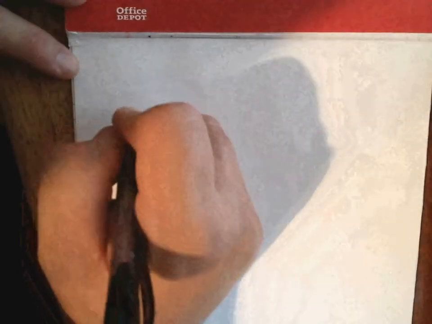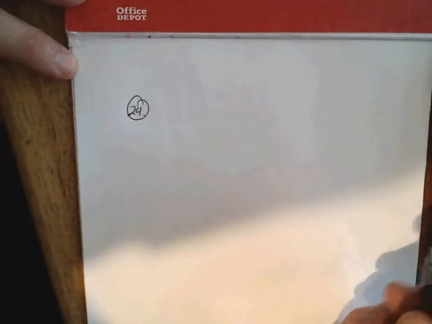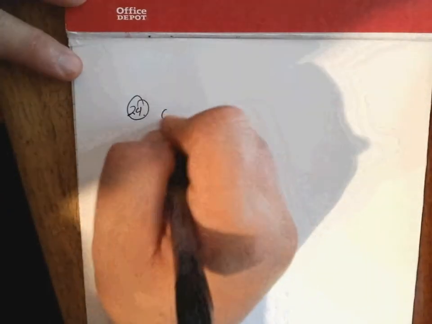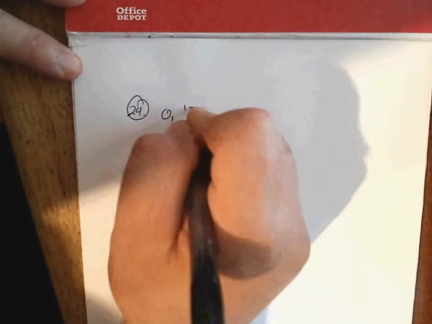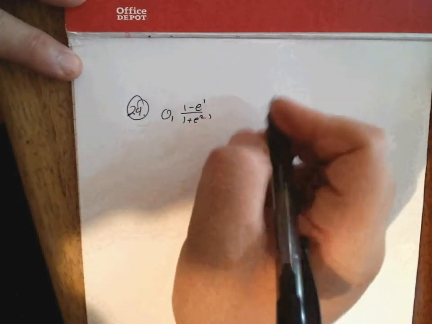Now, sometimes you're asked, given a sequence, can you write that function? Sometimes they'll say, let's write a formula for the sequence. Okay, so let's try this from problem number 24, where the prompt says, for the following exercises, write an explicit formula for the sequence. This is the sequence. 0, (1 minus e to the 1) over (1 plus e squared).